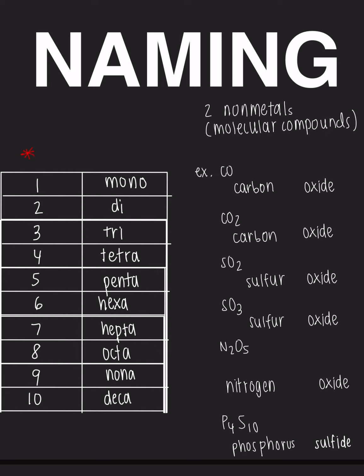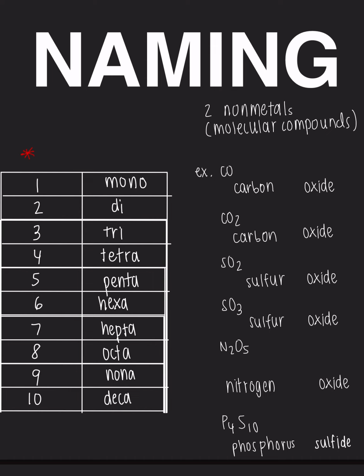Okay. And the other thing I want you to see. So you're going to write the name of the first one. And the second one, you're going to modify it. So you're not going to say oxygenide. You're going to say oxide. Again, you're not going to say sulfuride. It's sulfide. So for the second nonmetal, you're going to do what you did with ionic.